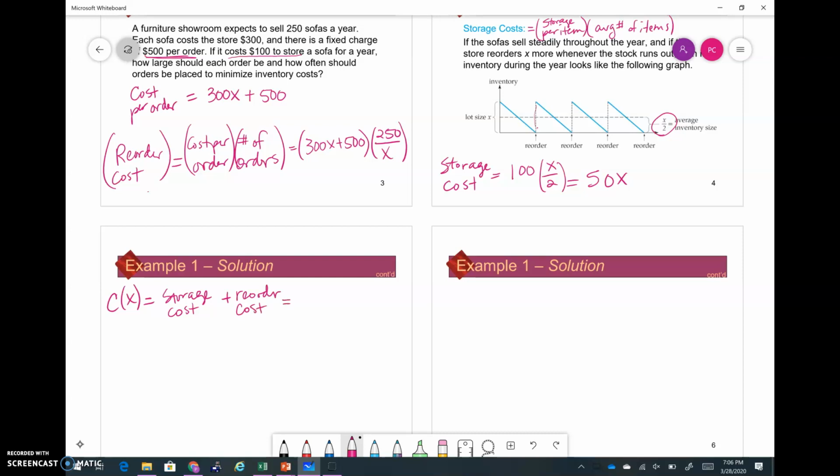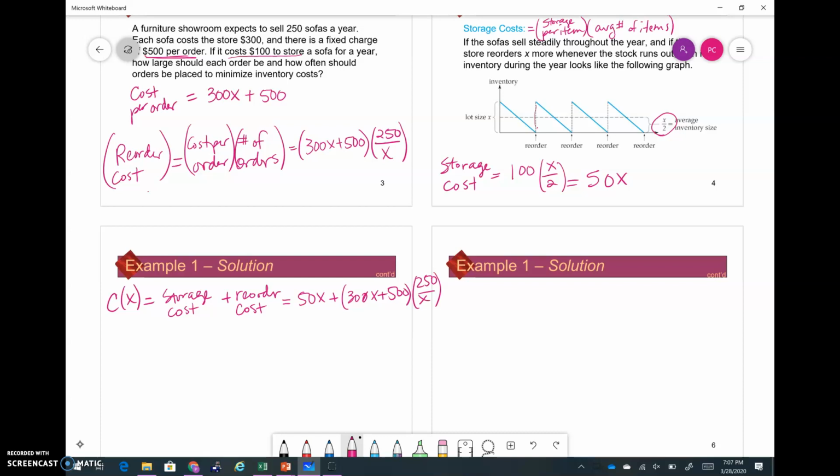It is going to be the 50x of our storage cost plus the 300x plus 500 times the 250 over x.